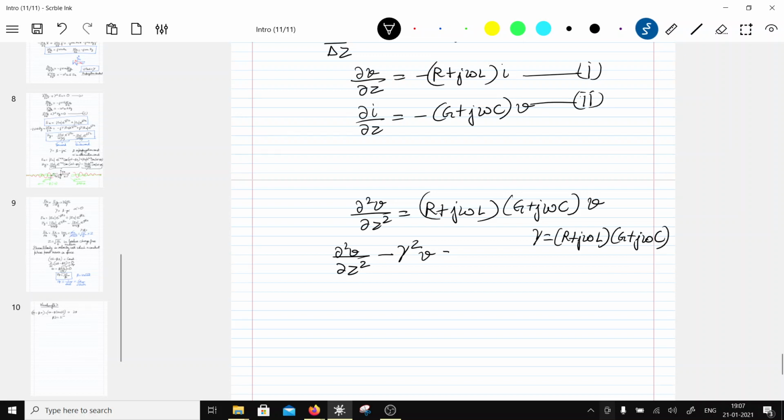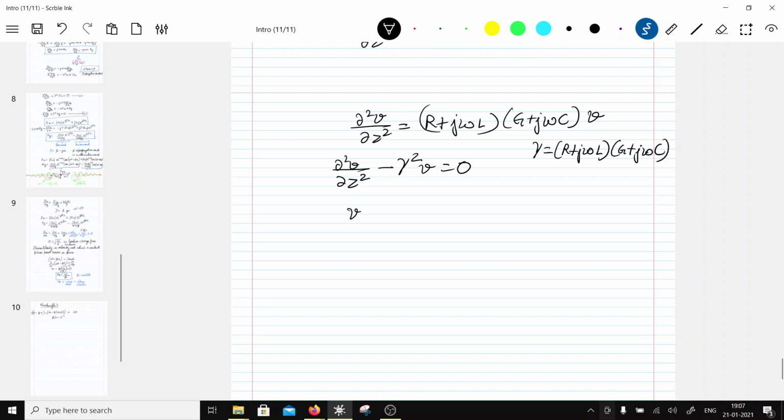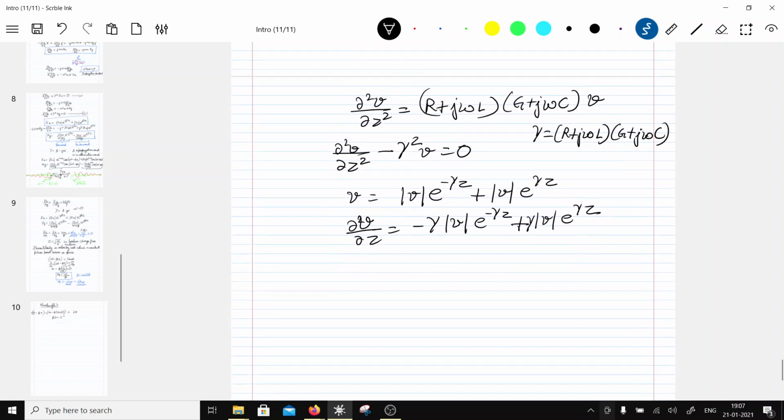Then the equation is of this form, and the solution of V will be magnitude of V e raised to minus gamma Z plus magnitude of V e raised to gamma Z. Now if I do dou V by dou Z, then this will be gamma times V e raised to gamma Z, and plus V, again it will be gamma here e raised to gamma Z, right? It's just that the j is not there because the j is absorbed inside this constant, right?